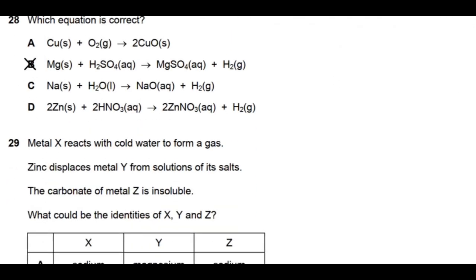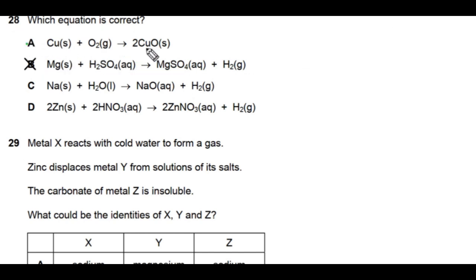Now 28, which equation is correct? Magnesium reacts with sulfuric acid to produce magnesium sulfate plus hydrogen. So this is correct. But why is A wrong?